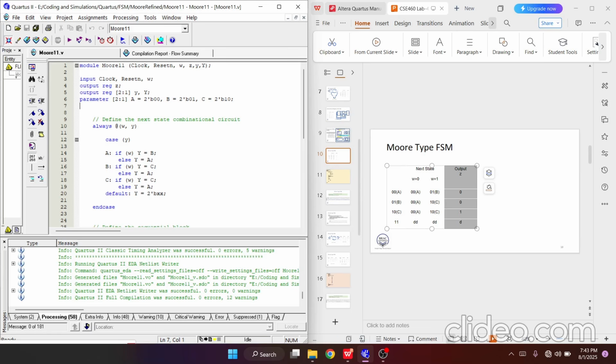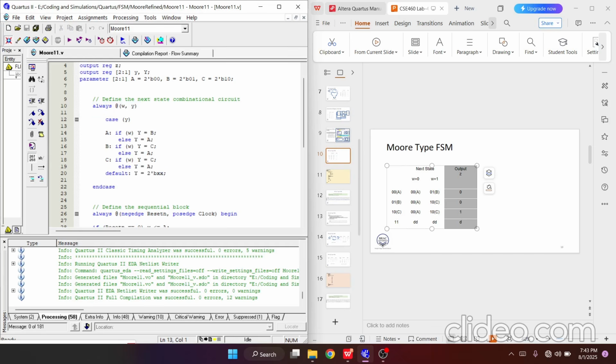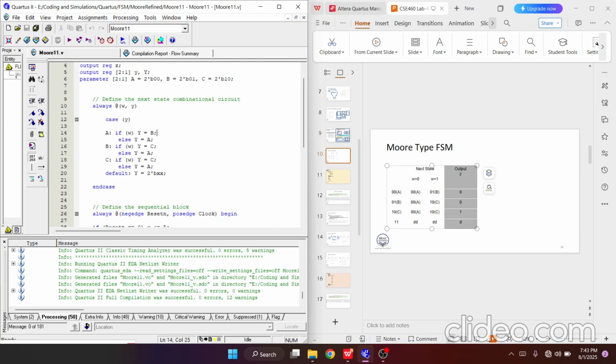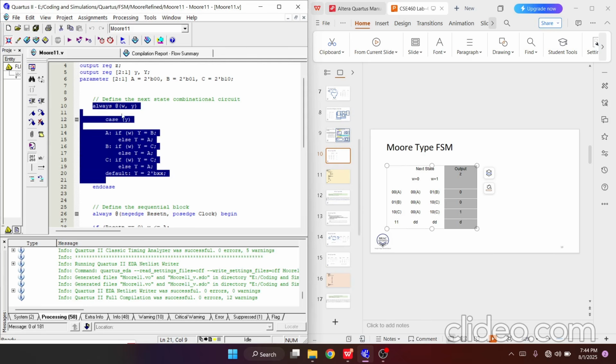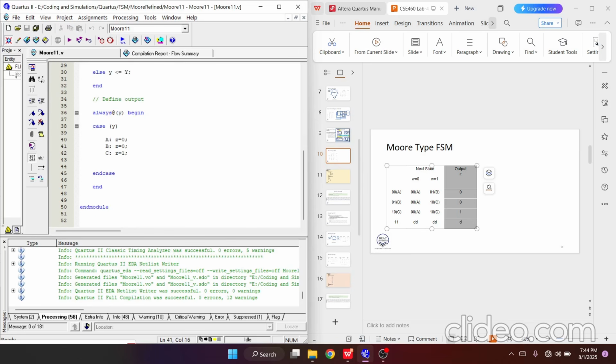Here we can see 3 always blocks. We have already learned about the always block. For sequential circuits, you will have to use this. This is one part, this is another always block, and this is the last always block.